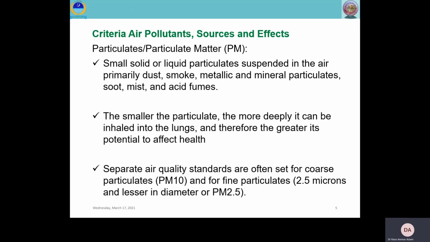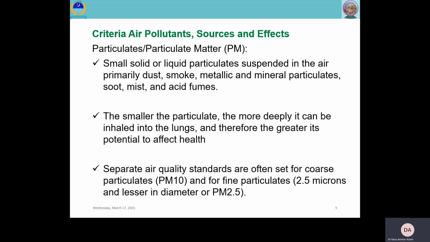So when these substances, either liquid, solid, or gaseous in nature, come in contact under some feasible conditions, they form particulate matter. Since particulate matter is the result of a combination of various substances, they can be of various sizes, right?